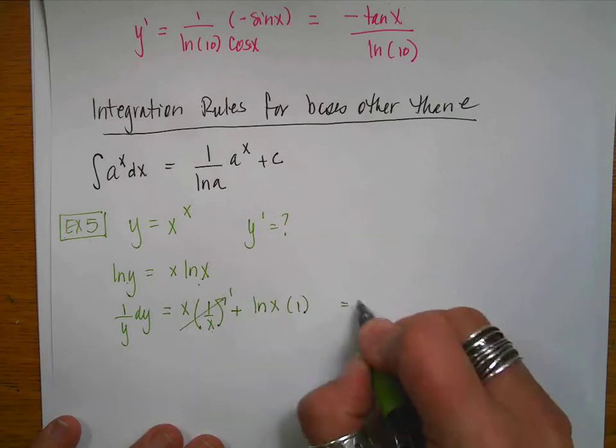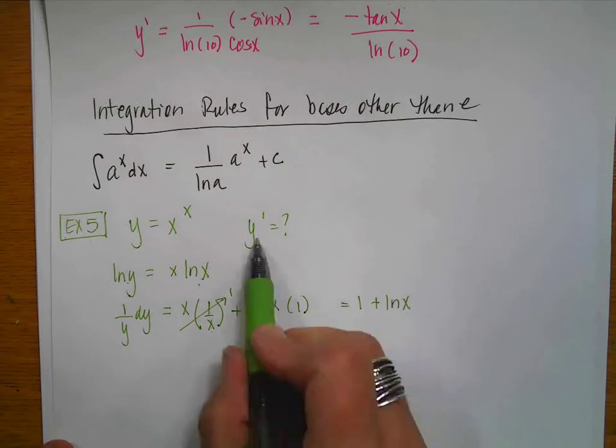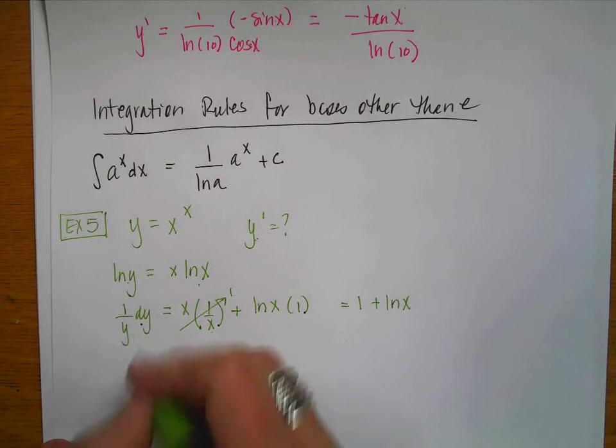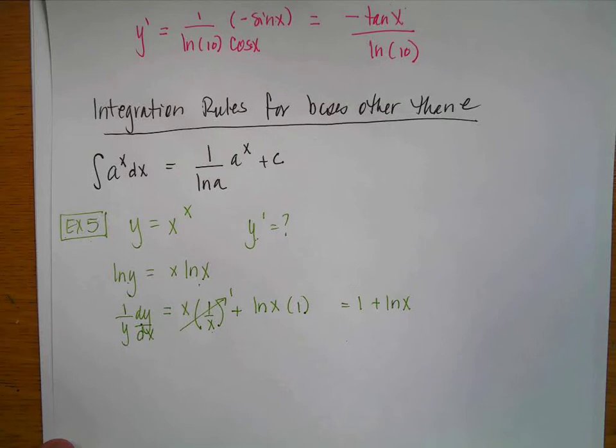x divided by x is going to go to 1, so this is going to be 1 plus the natural log of x. We're trying to find y prime, so I need to isolate the dy dx. Okay, so that should have had a dx in there, my bad.